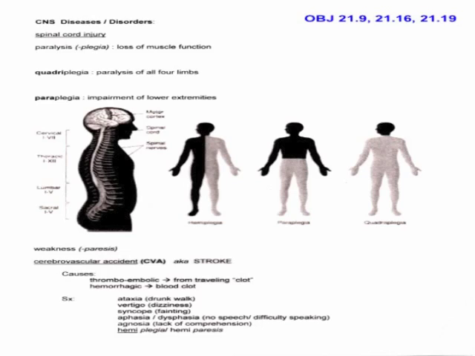Symptoms of a stroke include ataxia, or loss of coordination of muscles, vertigo, which is dizziness, syncope, or fainting, aphasia or dysphagia, no speech or difficulty with speech, agnosia, which is lack of comprehension, hemiplegia, which is half paralysis, or hemiparesis, which is half weakness of the body.